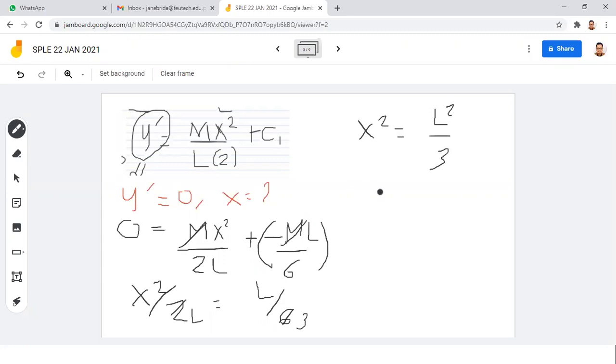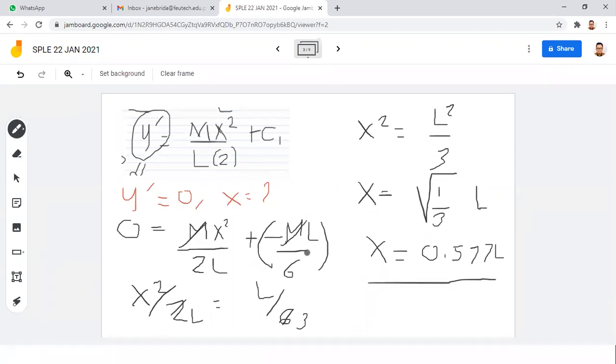So x is just equal to the square root of 1/3 times L, or 0.577 L. So from here, we can compute the deflection. If you calculate this, x is equal to 0.577 L. This is the location of the maximum deflection. Why? The slope is 0.